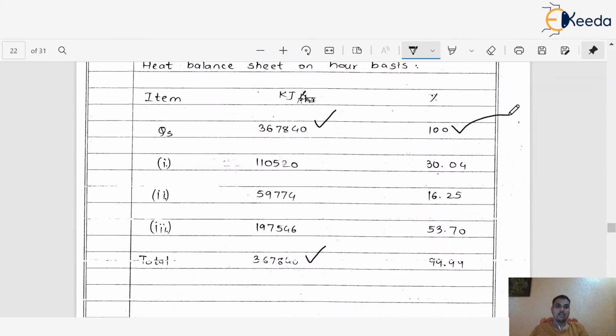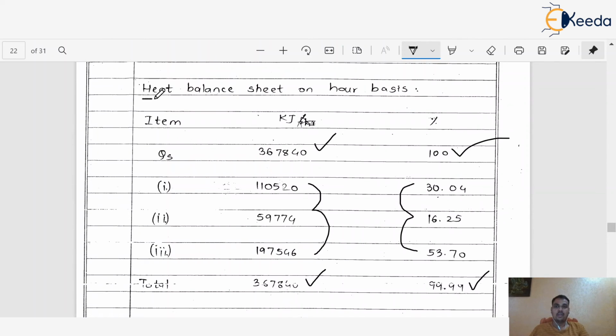Similarly, this 100% and this summation are equal. So we can cross check and say whatever answers we have calculated are exactly correct. This is nothing but called a heat balance sheet on our basis.